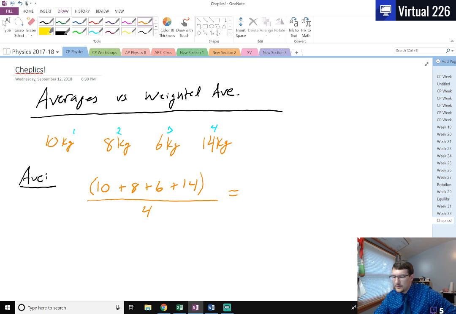Let's pull out a calculator here. 9.5, okay? So our average here is 9.5 kilograms per pumpkin. And that's how you take a traditional average. There's nothing crazy there. You simply add the total and divide by the number that you had.